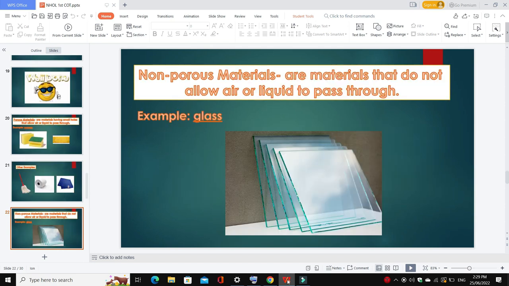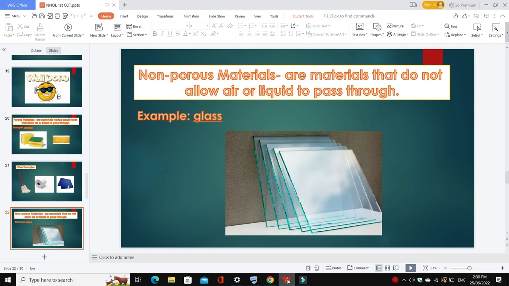Non-porous materials are materials that do not allow air or liquid to pass through. Example, glass. If you try to soak that glass into water, does the glass absorb water? Yes, you're right.